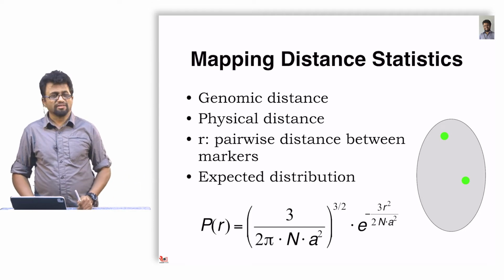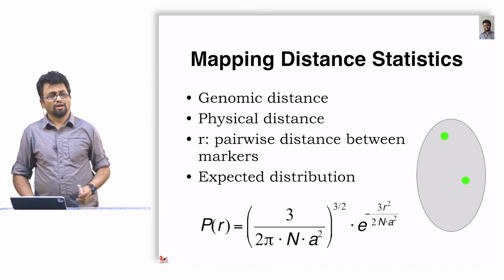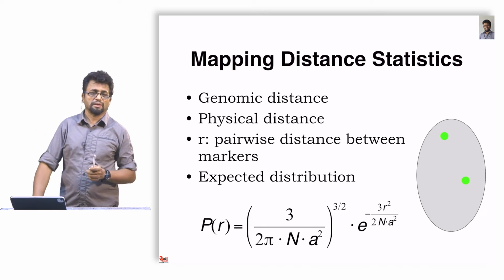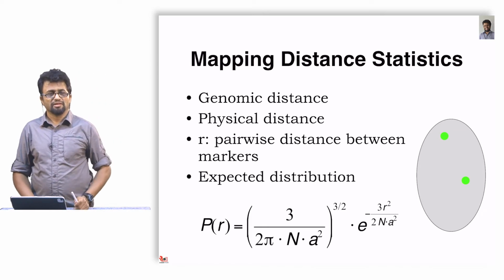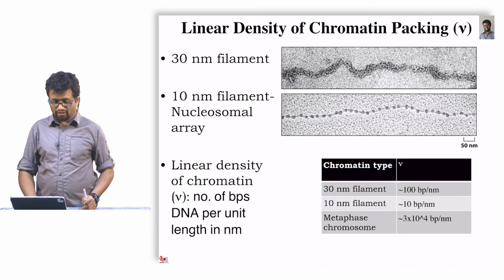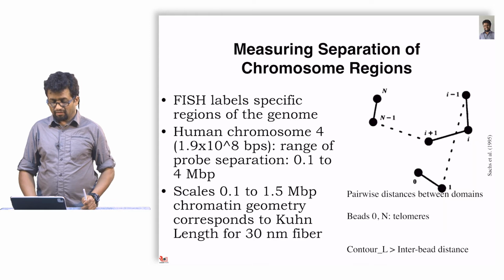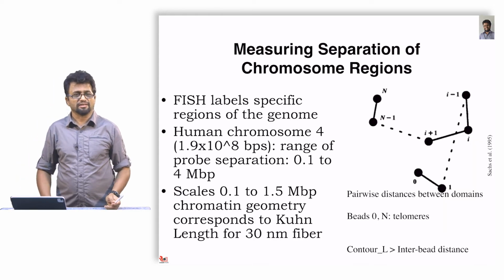Now, we also need some experiments to compare to this theory. So we do it in the following way: we label one cell with a pair of such markers, measure the distance, then we do it again, and again, and again, till we get a whole series of measurements that hopefully give us statistics.